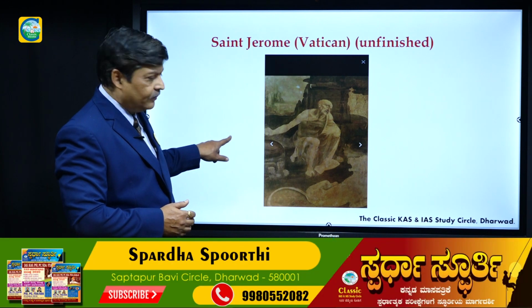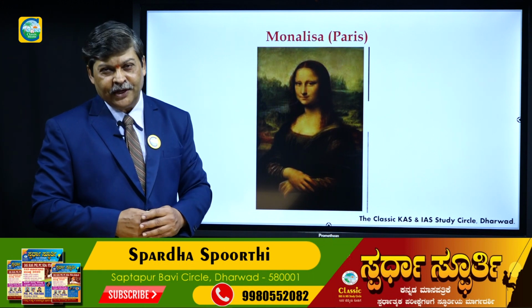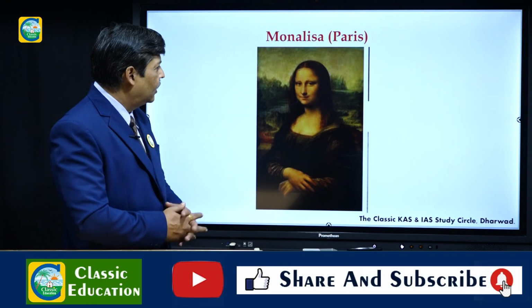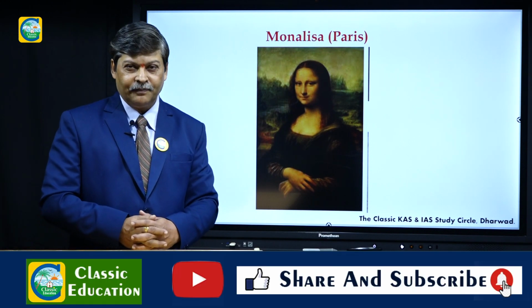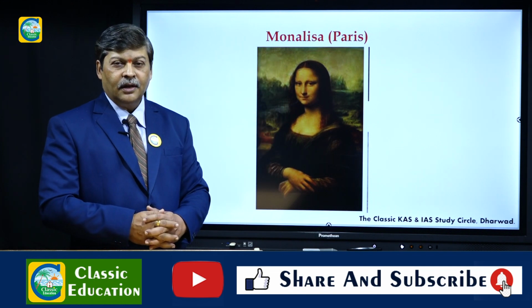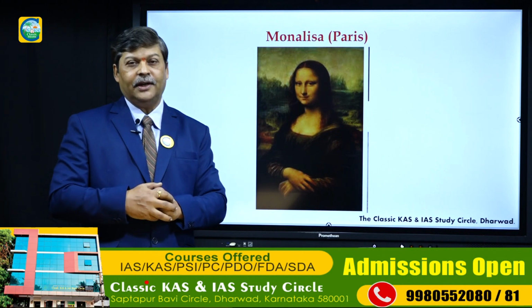It is in the Vatican. Now the last painting, and the most famous painting of Leonardo da Vinci, is the Mona Lisa. The Mona Lisa painting is in the Louvre Museum, Paris. Originally it was in Italy.